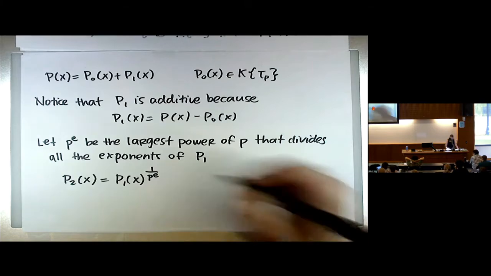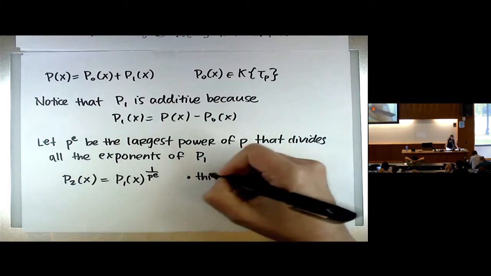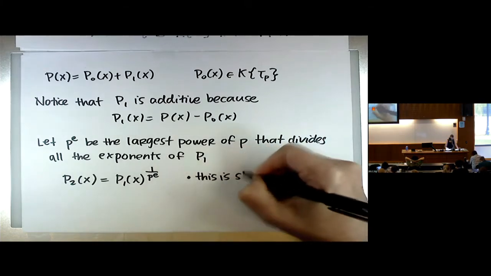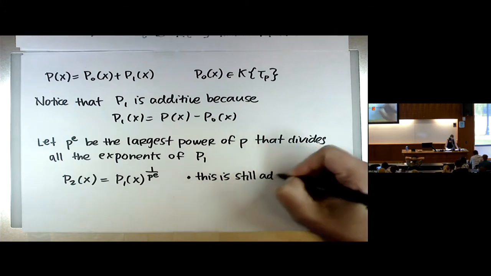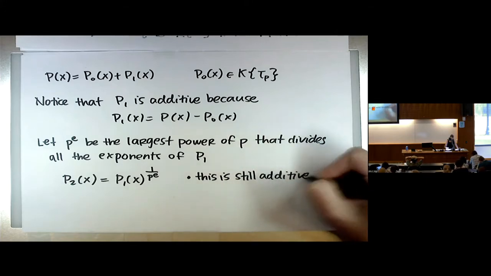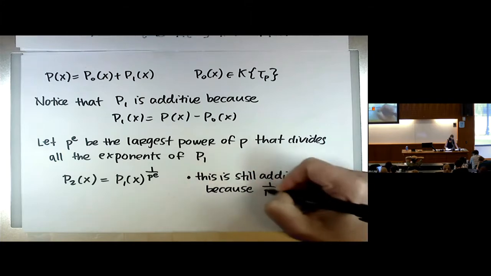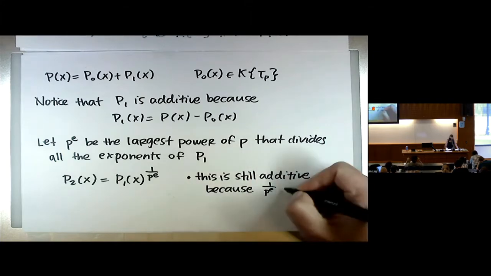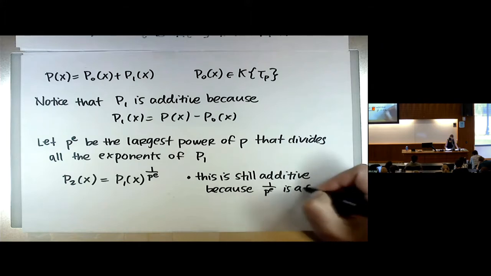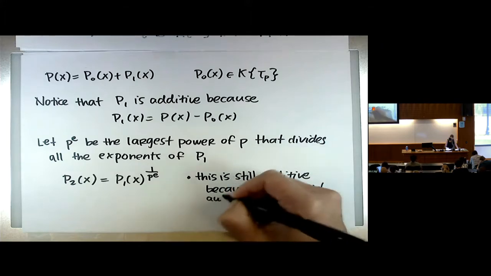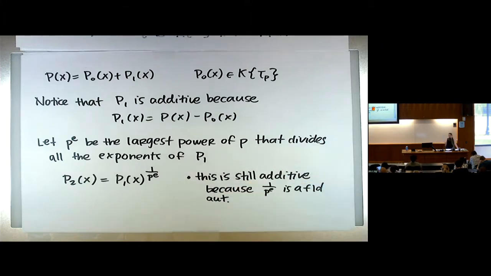Okay? So this is still additive, because raising to the 1 over P to the E is a field automorphism. So you can work that out, right?